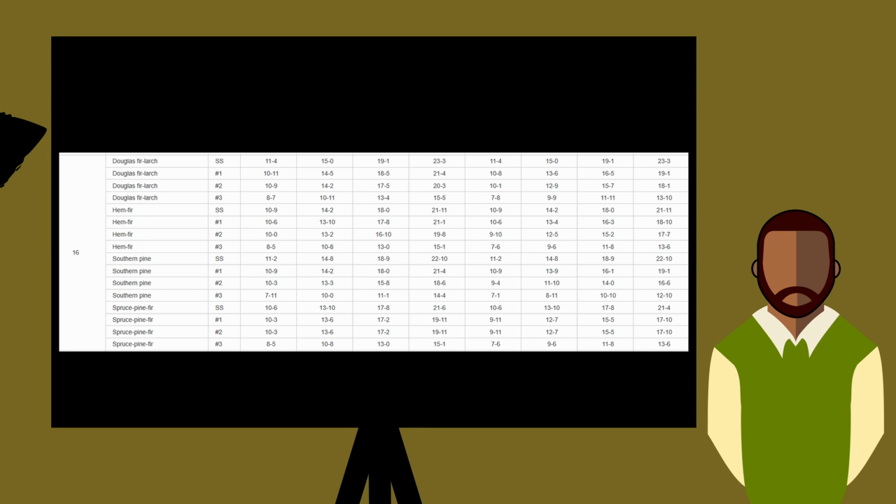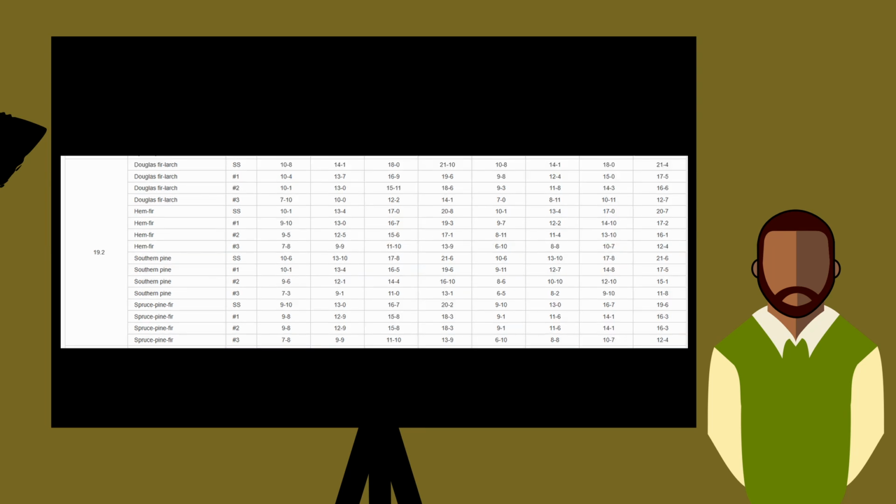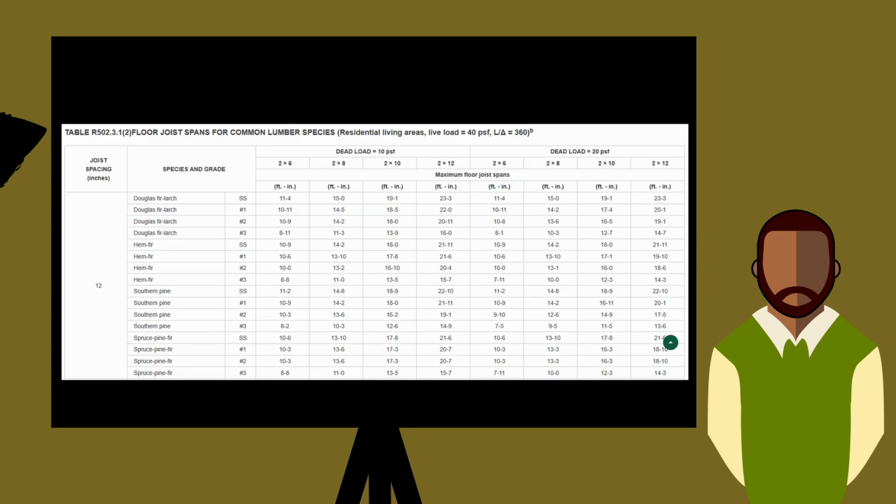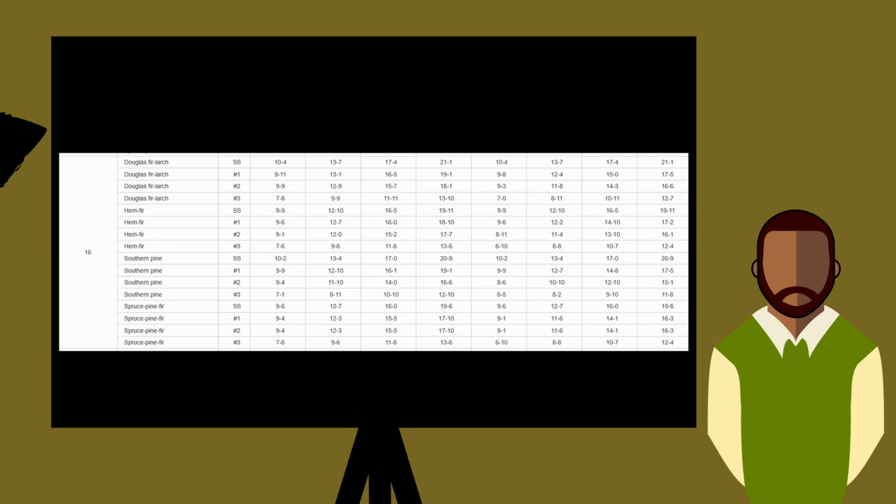These loading criteria are made up of live loads and dead loads. Dead loads are just what's existing, right? Usually it comes down to what the construction itself weighs, and live loads are what the occupants are going to move in and out of this particular space.